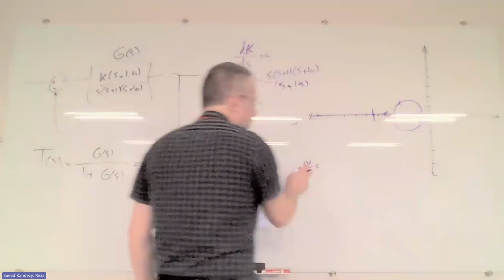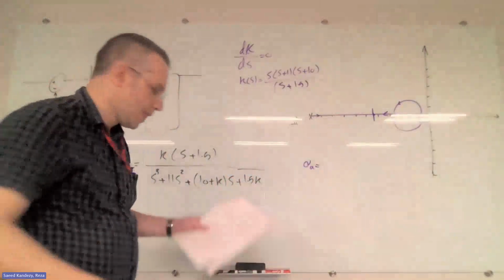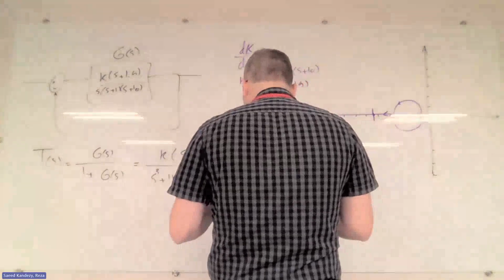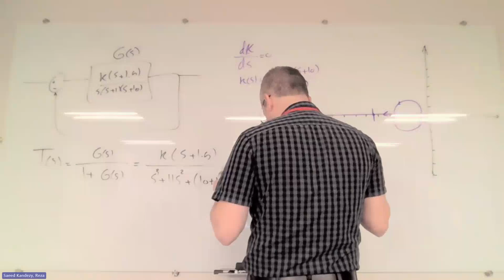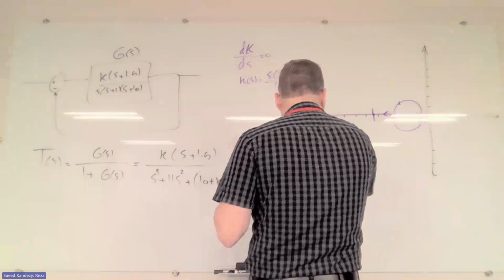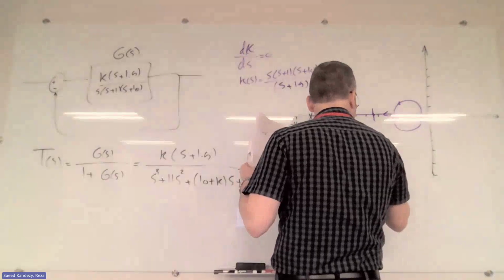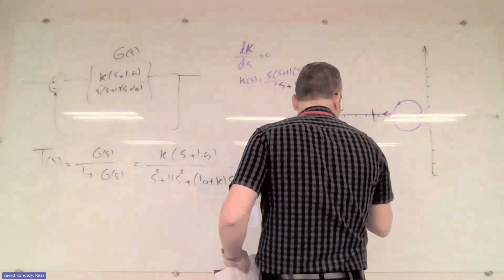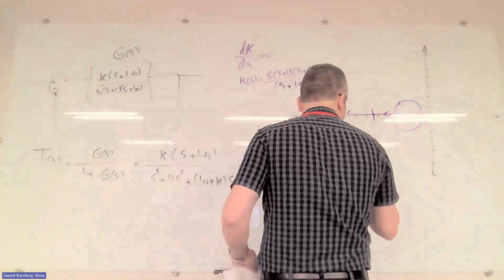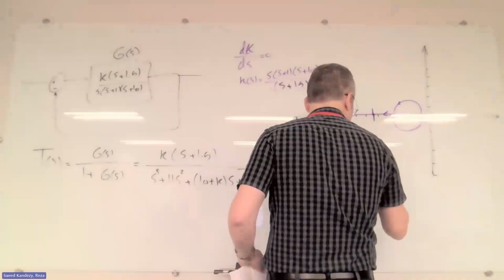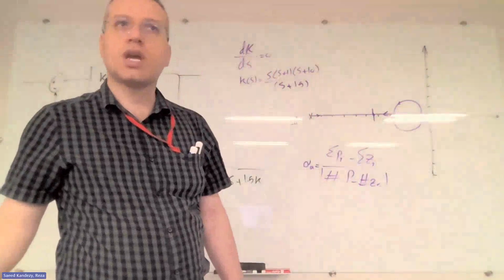So the delta, the place where those lines would intercept the real axis, the formula for that was... let's see if I wrote that down so I won't make a mistake. The summation of the poles minus the summation of the zeros, divided by the number of the poles minus the number of the zeros, or vice versa. This is an absolute number. It doesn't need to be negative.